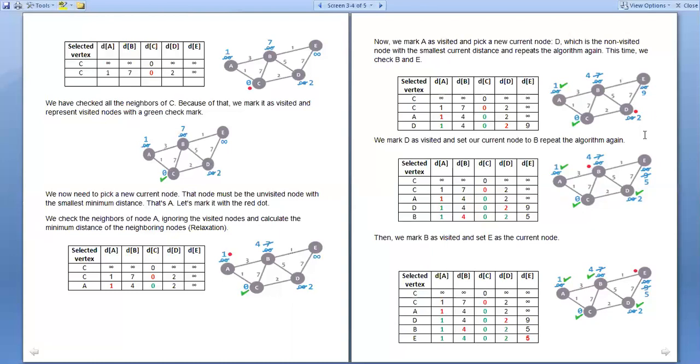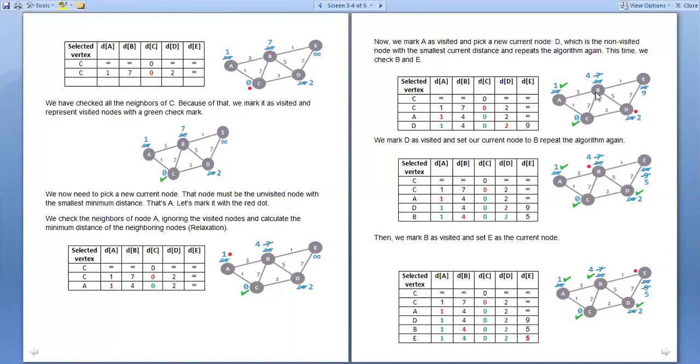Now D is visited. Between B and E, we have to find the minimum distance. Here the minimum distance is 4, so we take B as the new current node.